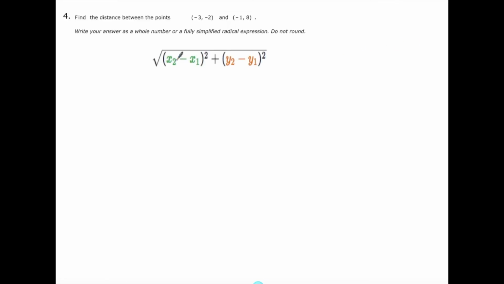We'll do one more example using the distance formula between the points (-3, -2) and (-1, 8). On this one, we're not going to graph it, we're just going to go straight to the distance formula. So we'll label this as x1, y1, and we'll make this one x2, y2, and then we're just going to plug those in to our distance formula here.